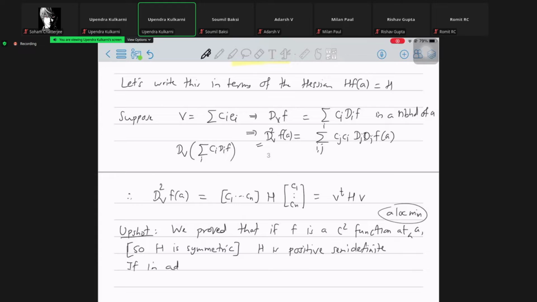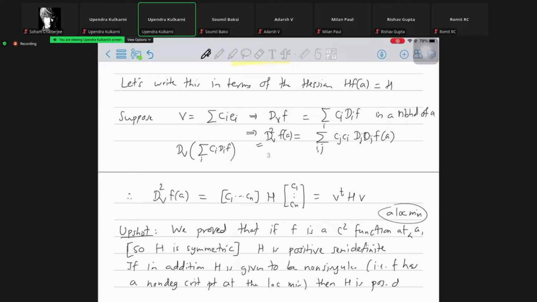If in addition H is given to be non-singular, that is, a is a non-degenerate critical point at the local minimum, then H is positive definite.